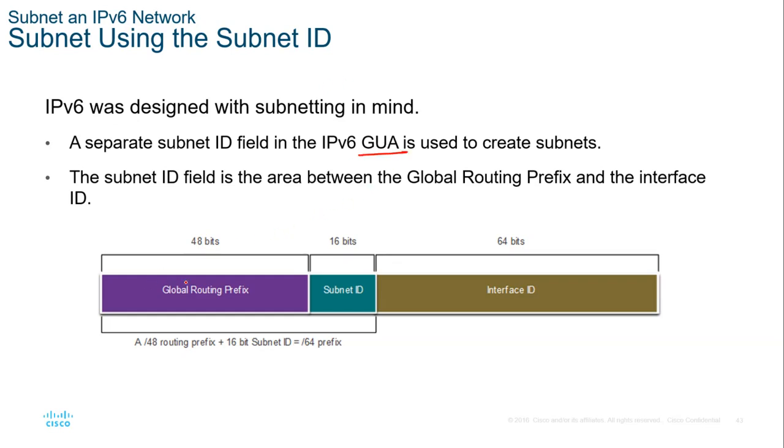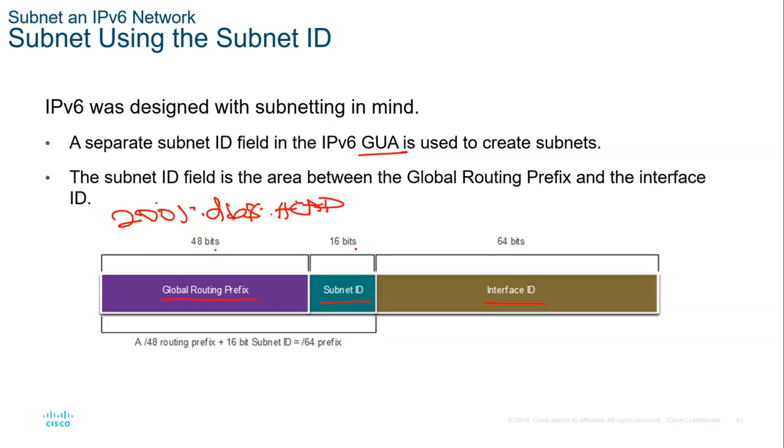So it has the global routing prefix, then subnet ID, and then interface ID. So you can decide, I will have maybe 2001, then DB8, ACAD, like this. This is 16, 16, 16, total 48.